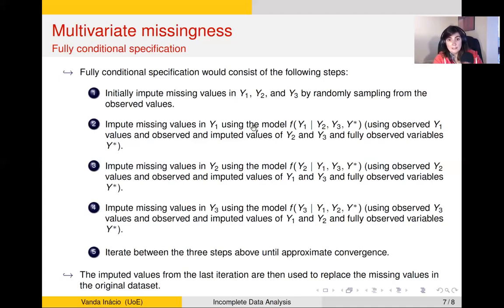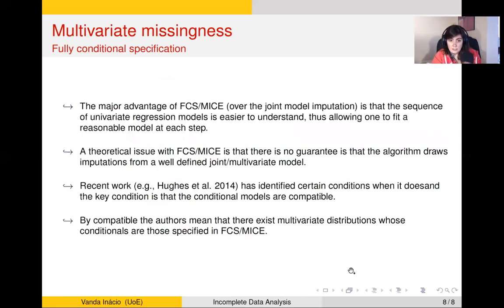And that's why in this initial step we do some naive imputation, and then we need to iterate to guarantee that our imputations are stable, and that I'm not imputing values that don't make much sense.